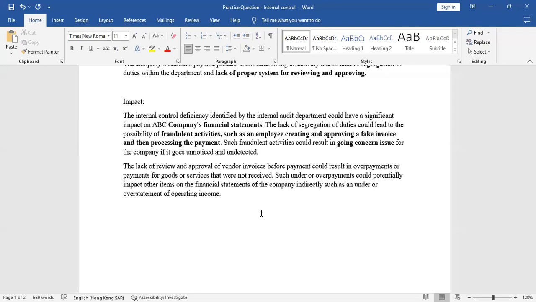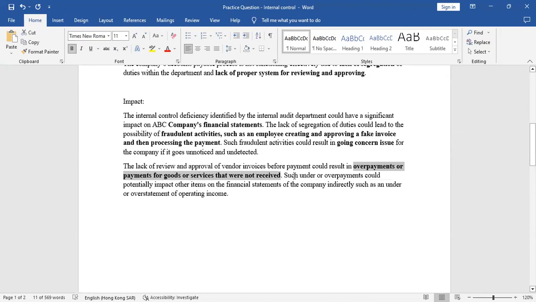Now let's look at the impact of the other internal control deficiency, which was lack of a proper system of reviewing and approving. Lack of review and approval of vendor invoices before payment could result in overpayments or payments for goods and services that were not received, right? So you could have overpayments or underpayments, in simple words, and such overpayments and underpayments will potentially impact other items on the financial statements indirectly, such as under or overstatement of operating income, right?